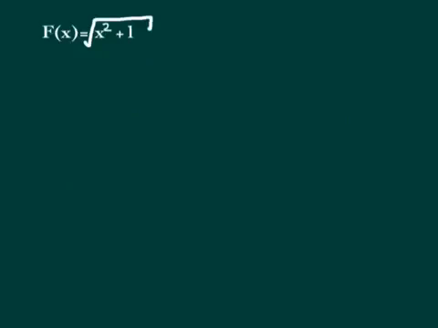Next up, we want to differentiate the square root of x squared plus 1. How do we go about doing that? We know that the derivative of the square root of u is 1 over 2 square root of u. We've seen that before.